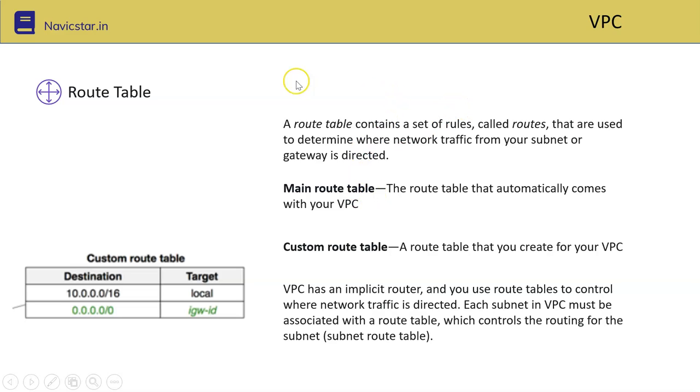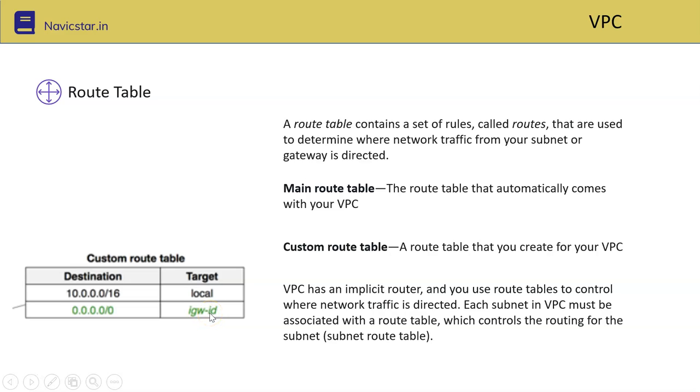So when we create a VPC, it comes with the default route table and we can attach our custom route table. For example, you say that from your subnet where your servers are kept, whenever it is talking to the internet, it will talk to all IPs, 0.0.0.0, any IP on the internet. And how will they talk? They will talk via the internet gateway.